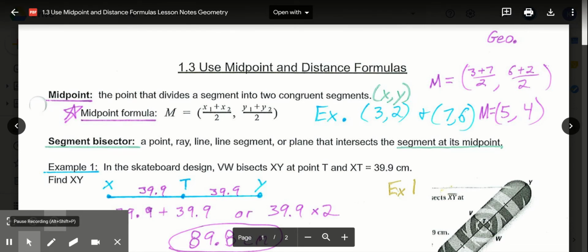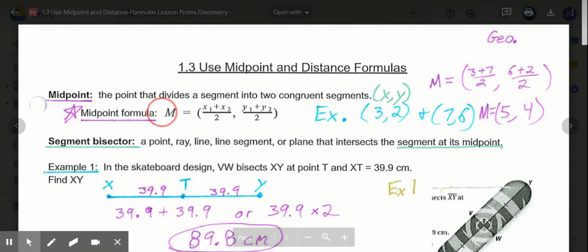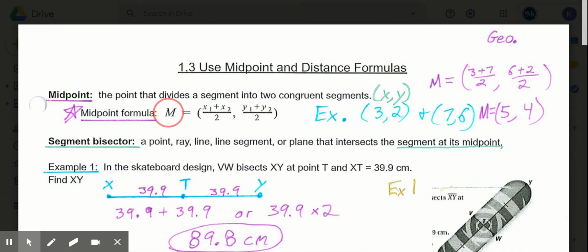Based on that definition of a midpoint, we can then explore the midpoint formula. The capital M in the midpoint formula simply stands for the midpoint. The midpoint formula is written as an ordered pair, in this case an x and y coordinate setup.